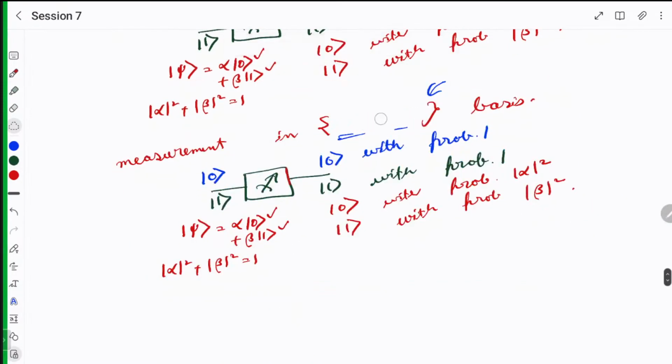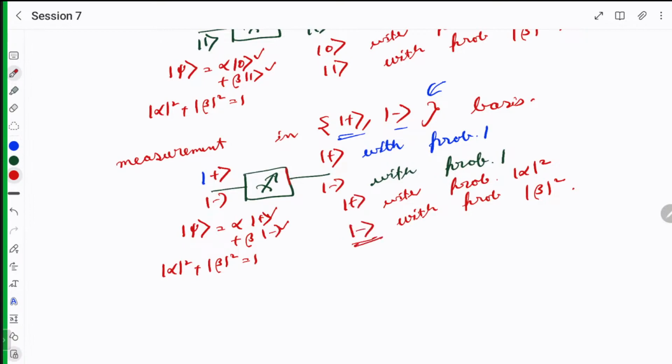Let's say we have |+> and |->. If you have |+>, then you should get plus with 100% probability. Same for |->. And if you take a superposition of |+> and |->, then you would get plus and minus with alpha squared and beta squared probabilities.